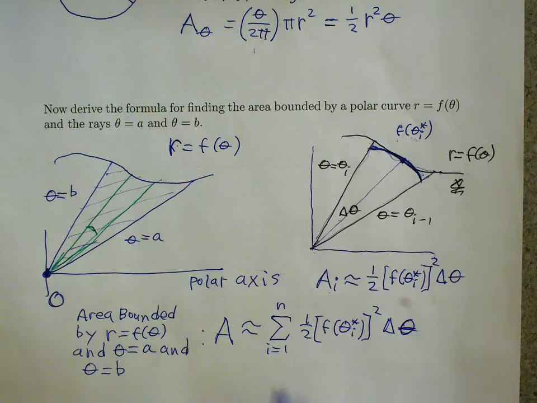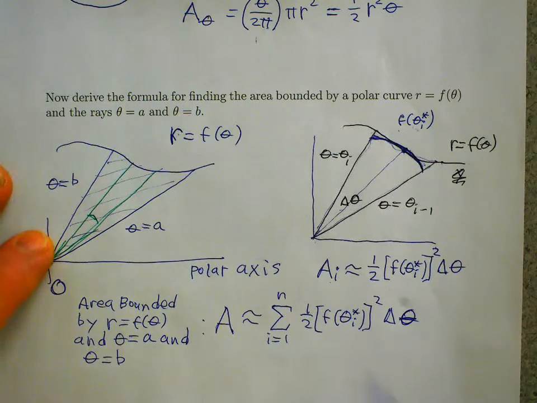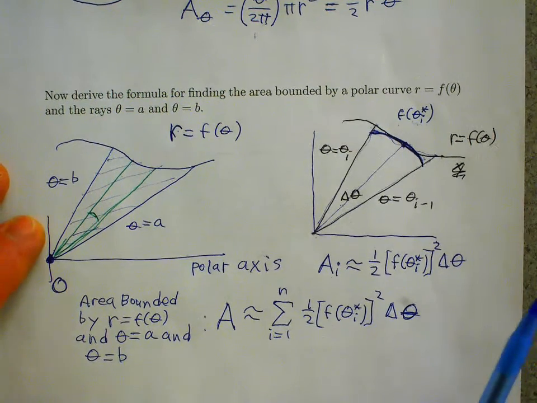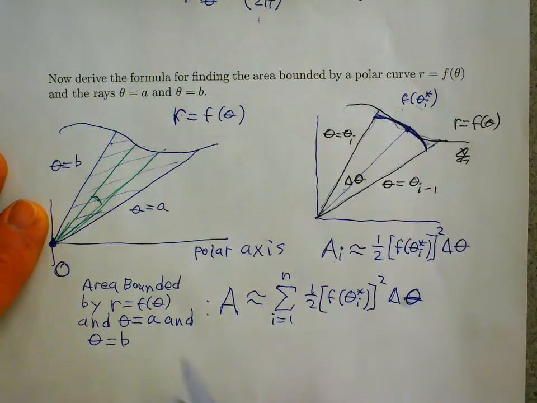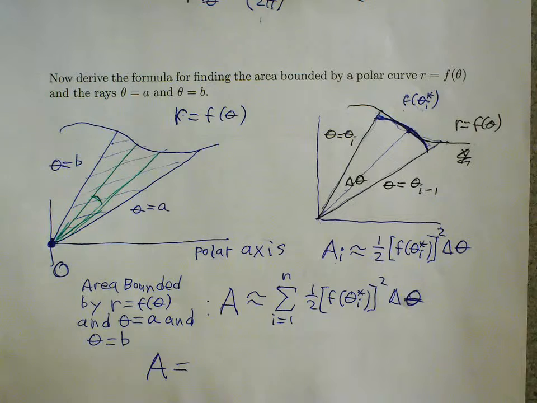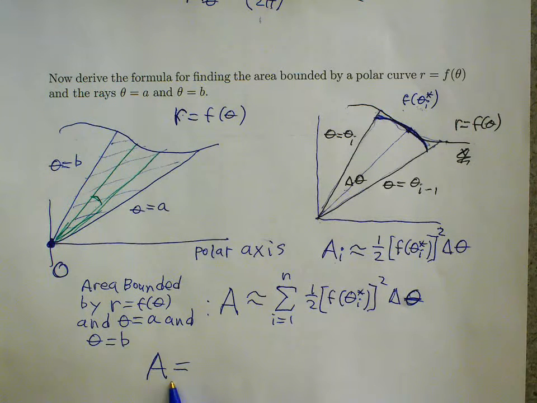And then if we let n go to infinity, we're going to get a definite integral for the area of the entire region bounded by the polar curve and the rays theta equals a and theta equals b. Okay, so we'll write down the definite integral for the area.